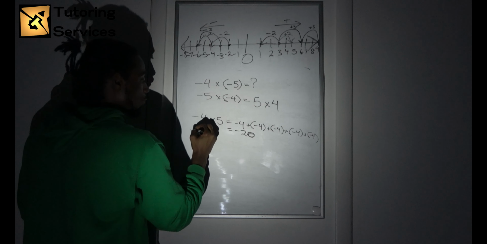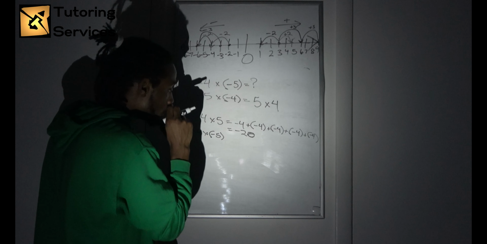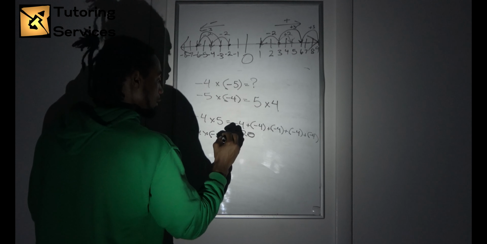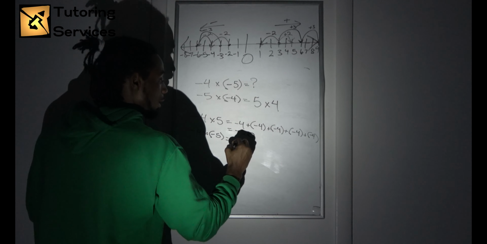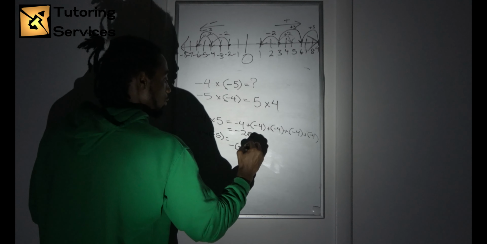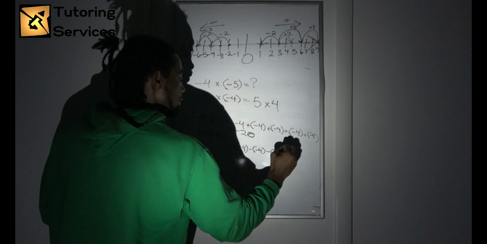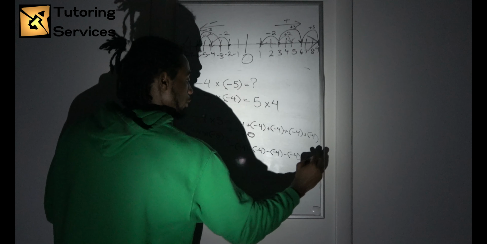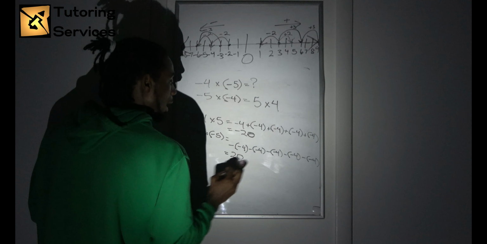When you say -4 times -5, well, you can actually think of it as minus -4 minus -4 minus -4 minus -4 minus -4. And this will give you +20.